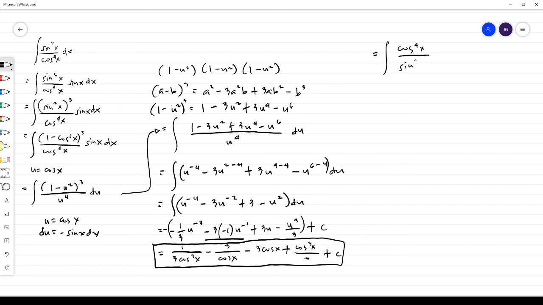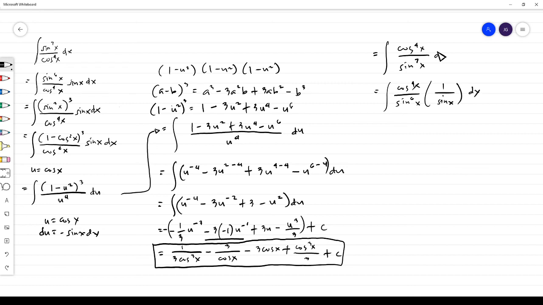over sine x dx. So we will then have been able to strip out a sine, because if we strip out the sine x, that is equivalent to 1 over sine x, then dx.